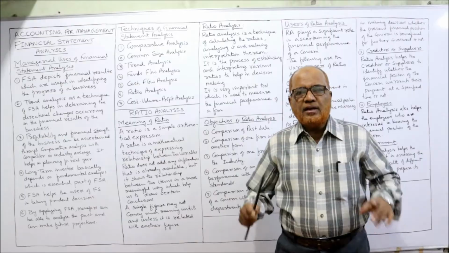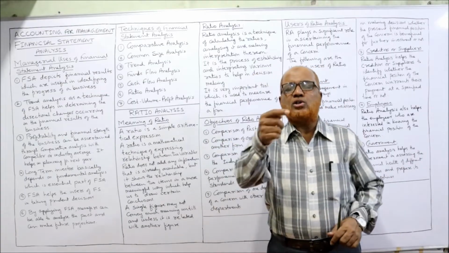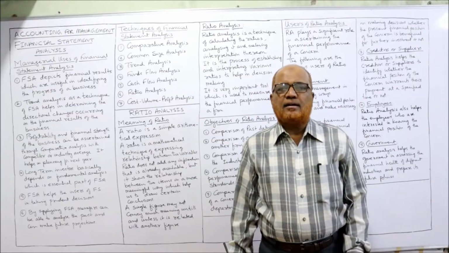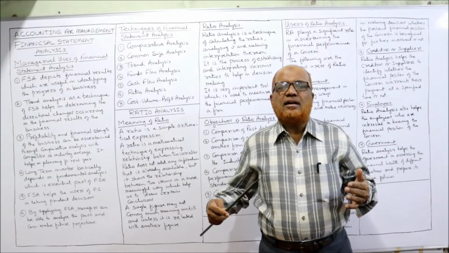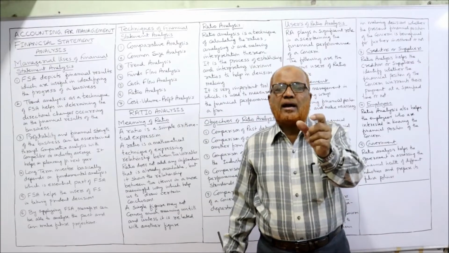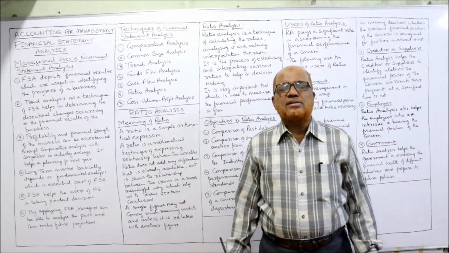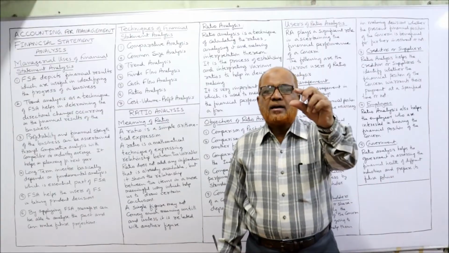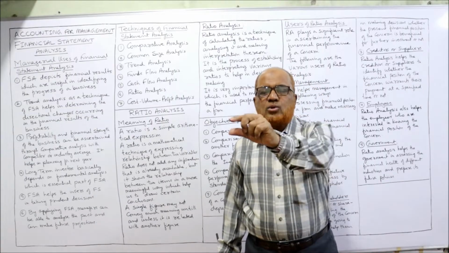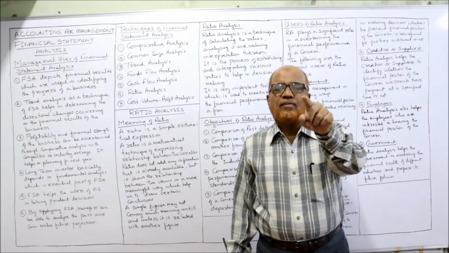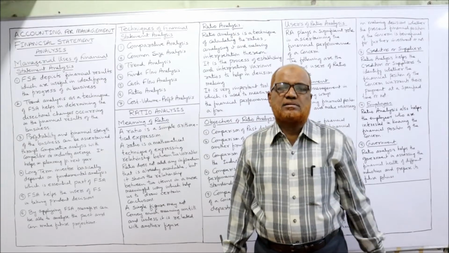Simple example: in the case of a trading profit and loss account, the gross profit is 2 lakh. The sales are 10 lakh. So instead of saying that gross profit is 2 lakh and the sales are 10 lakh, we can express it as a percentage. 2 lakh divided by 10 lakh into 100, 20%. So simply we can say the gross profit is 20% of sales.